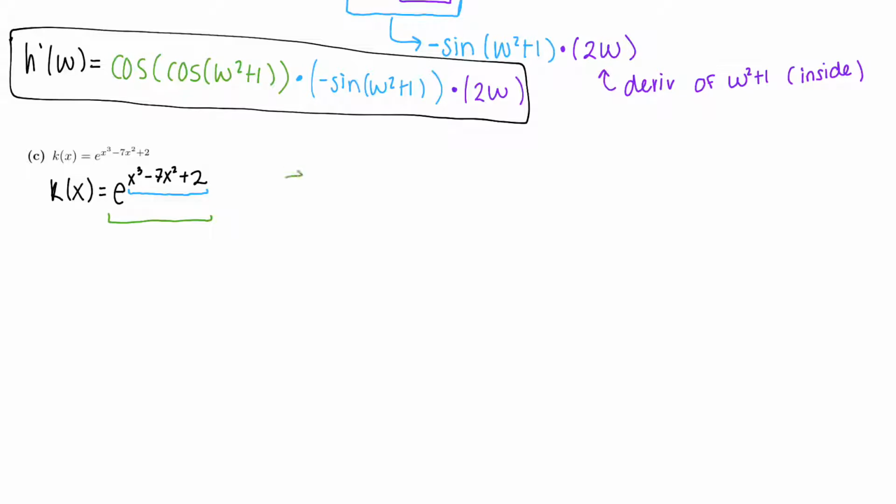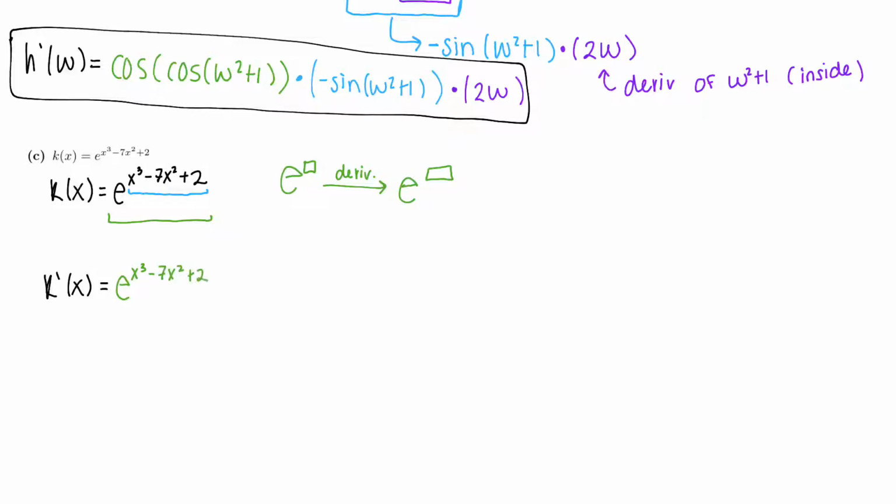So really we have e raised to something, doesn't matter, and the derivative of e is just e, right? So the exponent will stay the same when we do the outside derivative. So k prime of x is equal to, we're basically leaving the whole thing alone because the derivative of e is just e.